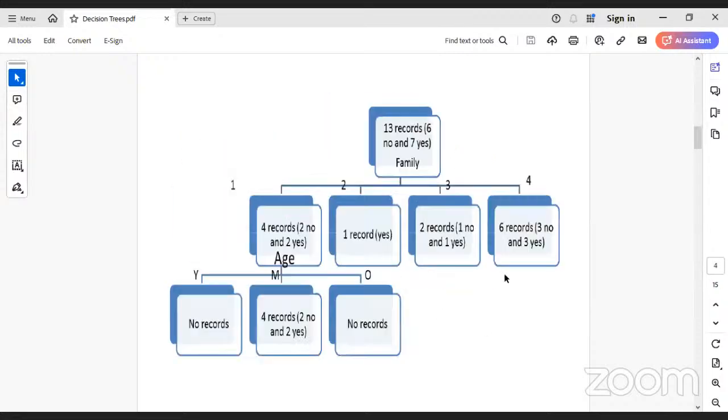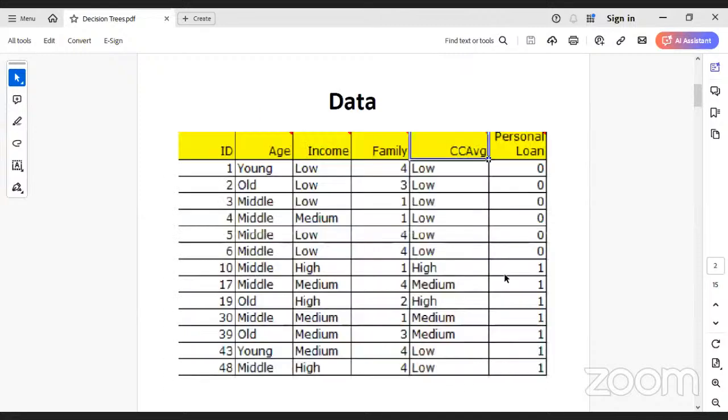Let me go back to our table. Suppose information gain is calculated for ID, age, income, family, and CC average separately. What they found out is that regularly, information gain for ID is coming high when compared to age, income, family, CC average.